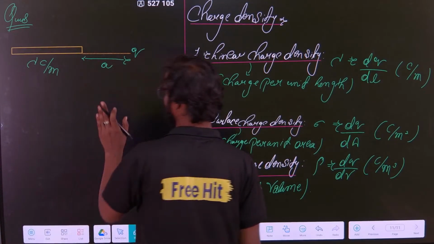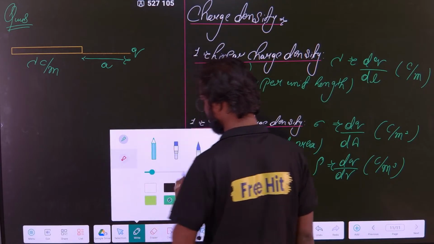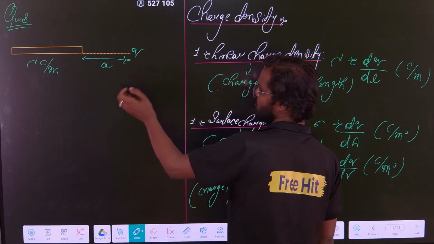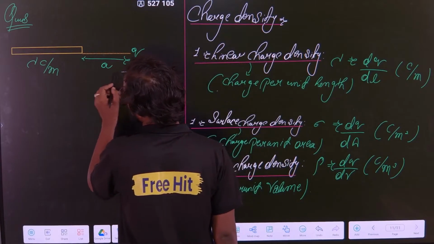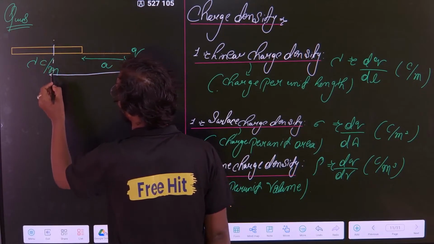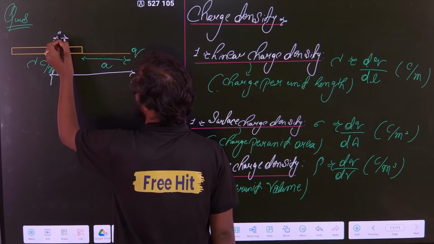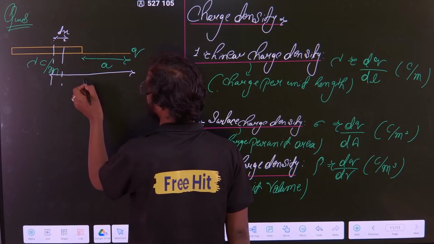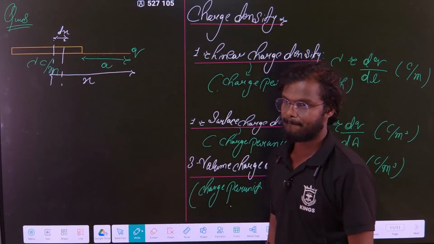Now just see how to find the force due to this rod on this charge. Simple. First I will go to a distance x and take a small element, dx, at distance x.